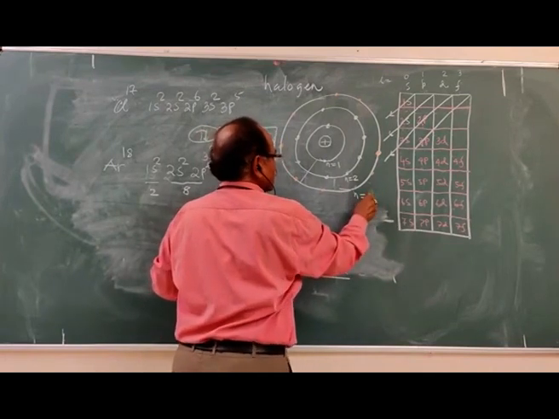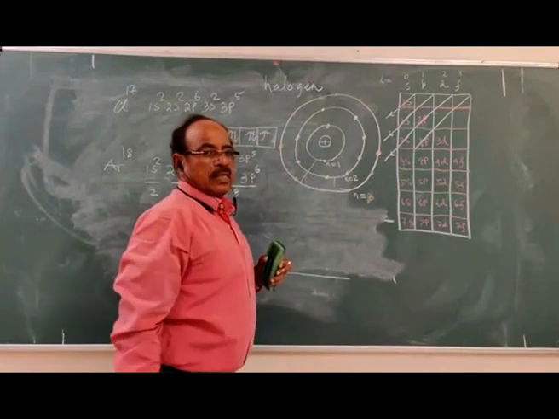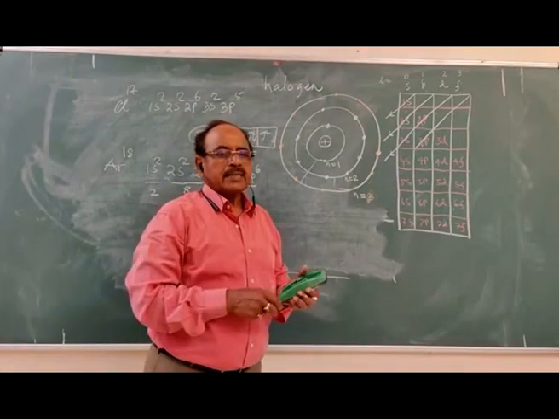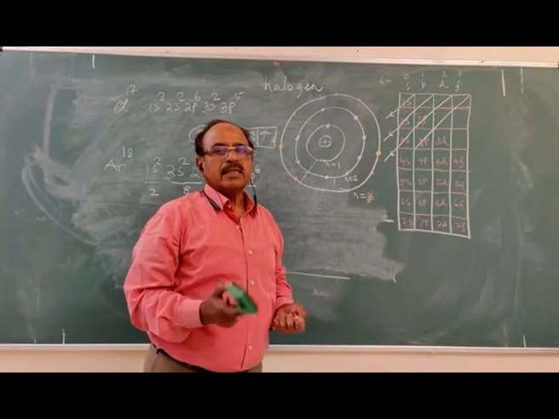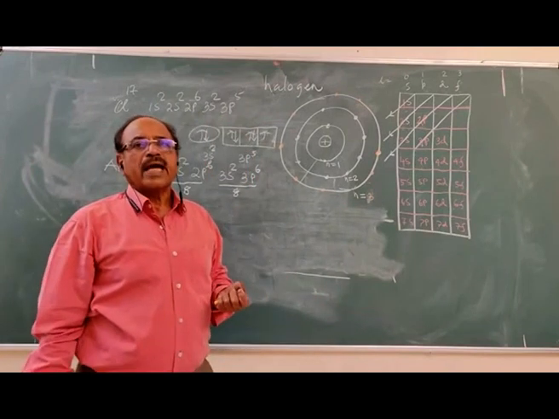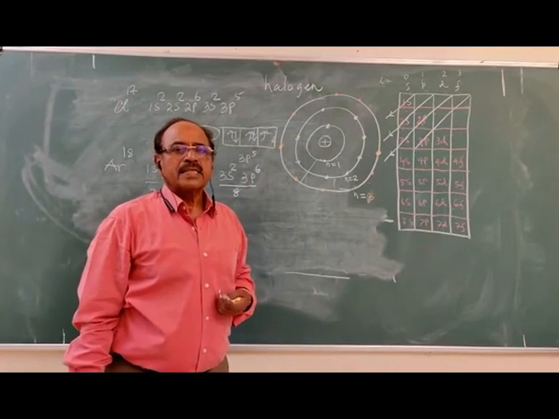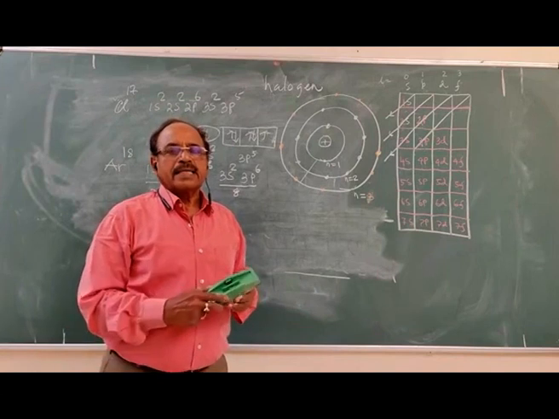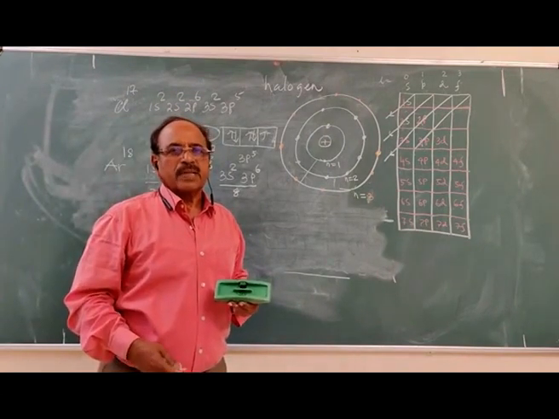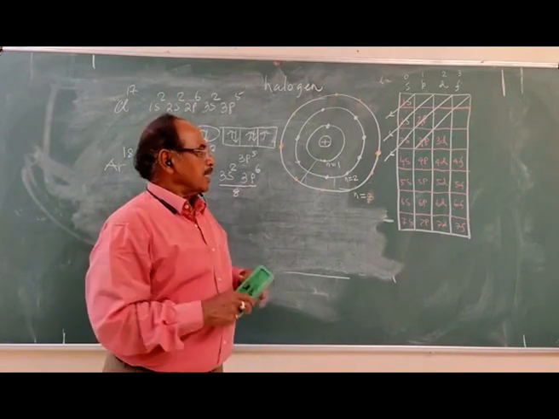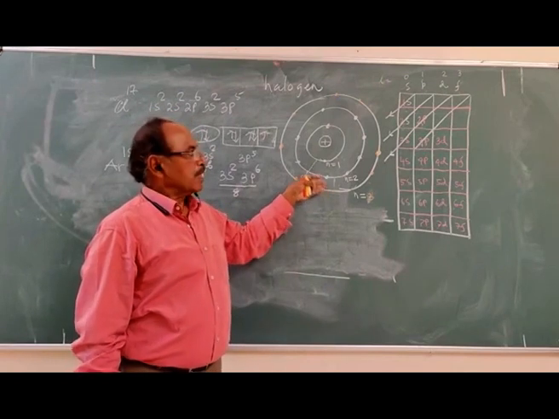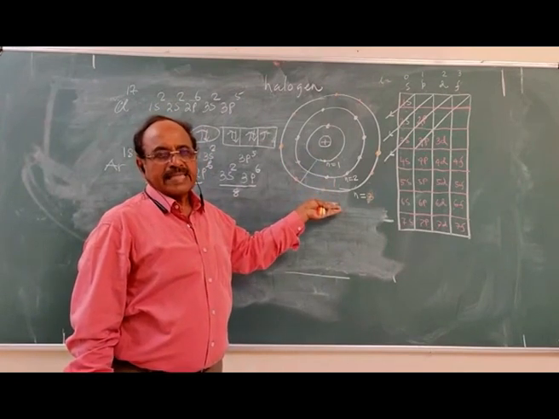So n is equal to 3 is completely filled now. Since it is completely filled, it is highly stable. So argon is called an inert gas, and it is a rare gas. It is placed in the P block of the periodic table. So this is all about the electron configuration we have written from atomic number 1 to atomic number 18.